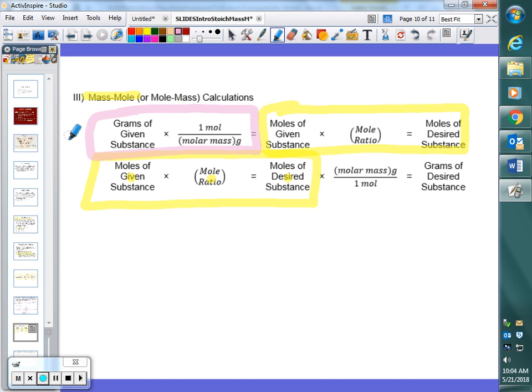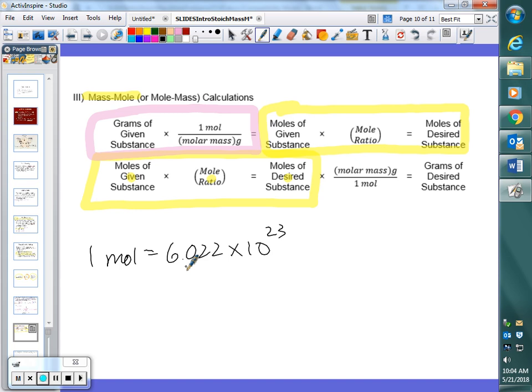We've talked about the idea that a mole is always the same number of things. 1 mole of something is equal to 6.022 times 10 to the 23rd. And that's true of atoms, and it's true of ice cream cones, and it's true of school buses, and whatever.